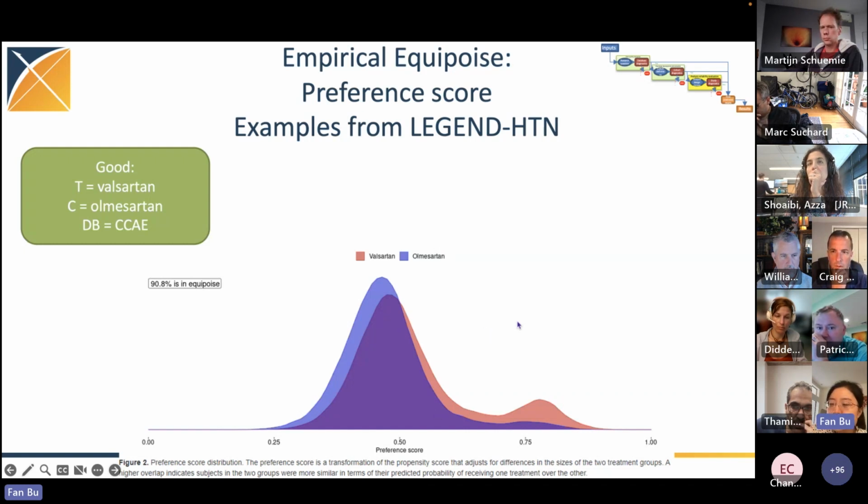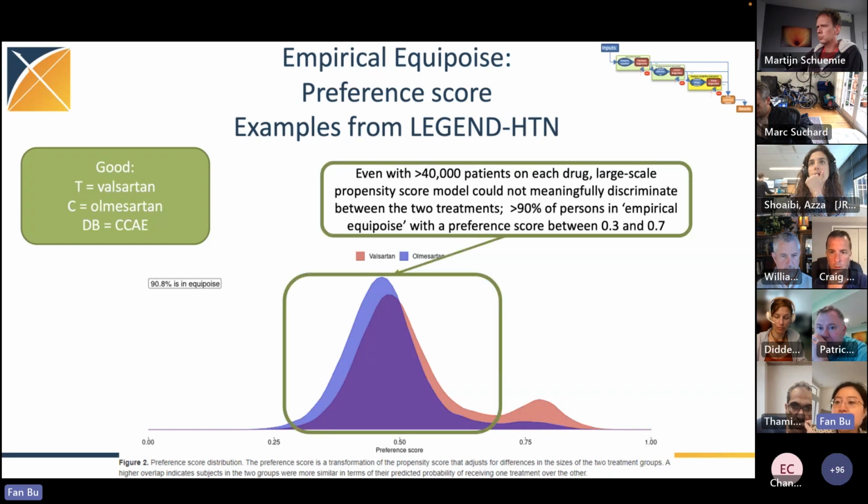So what is really nice to see is that there's a lot of overlap between the two distributions. So a lot of overlap is a good sign. In particular, in this example, we have more than 90% of people in empirical equipoise. So that's usually really good.